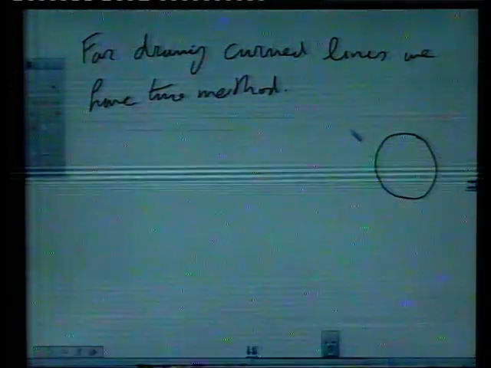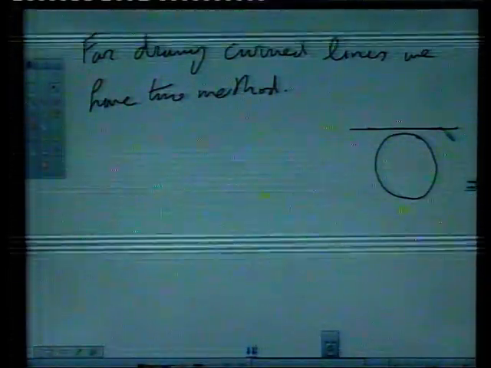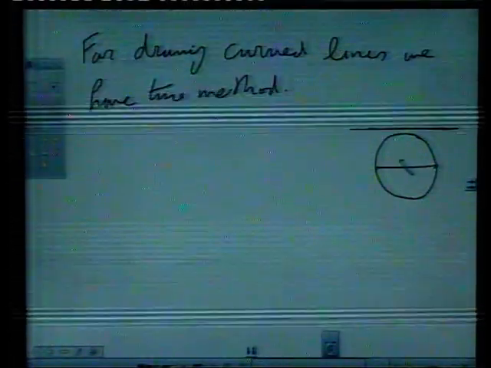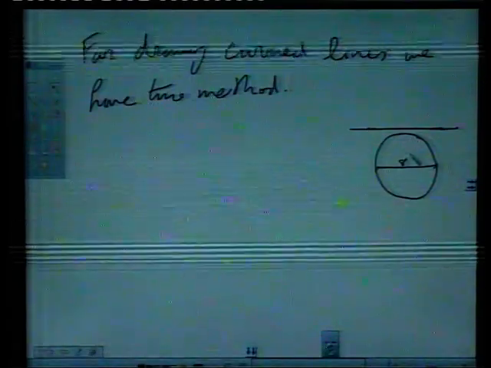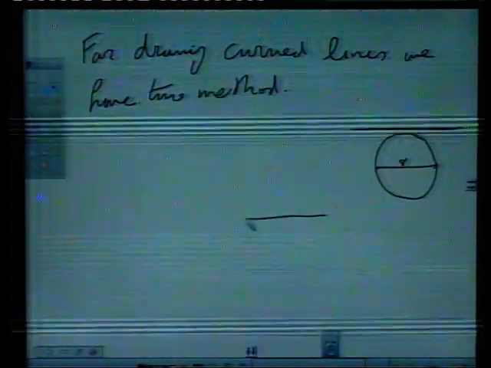And its elevation is simply like this, a straight line, and say its diameter is 8 centimeter. How to draw isometric of a circle? One method is like this.